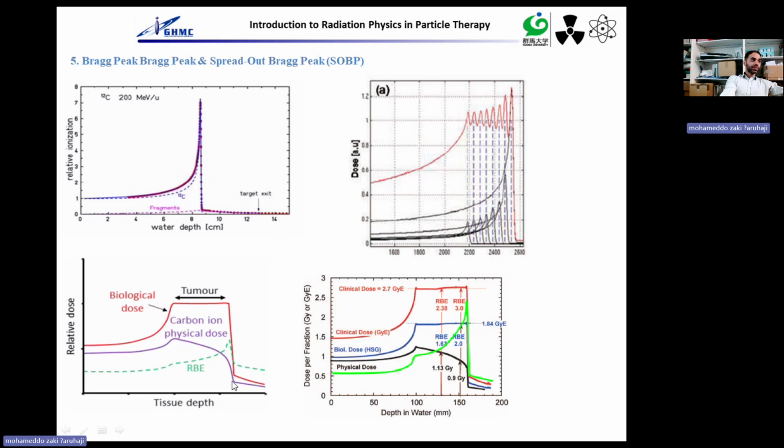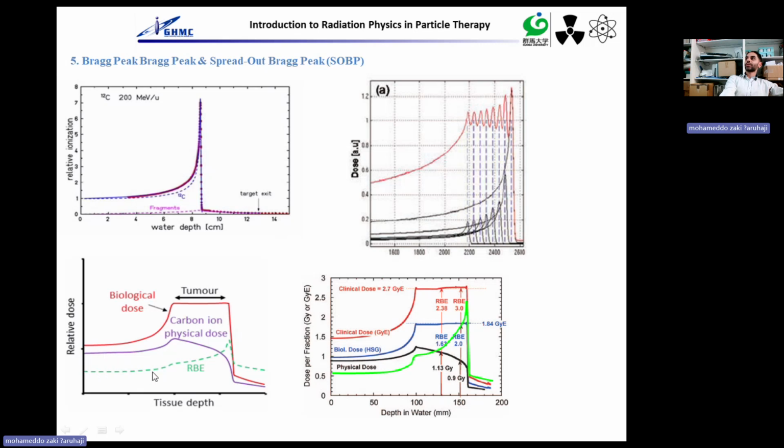When this is happening, RBE, relative biological effectiveness, has the same relationship as the physical dose. We start again. This is the charged particle traveling. This is the spread out Bragg peak. Yeah, we understand how the physical dose behaves. RBE will do the same.